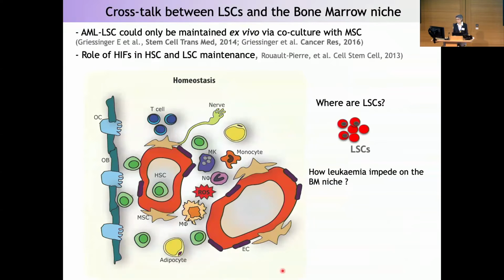So as Rob mentioned, my lab for the last 10 years has also been interested in not just normal and leukemic stem cells in intrinsic regulation, but also started to look into the effect of the bone marrow niche and what the niche is providing to these cells.